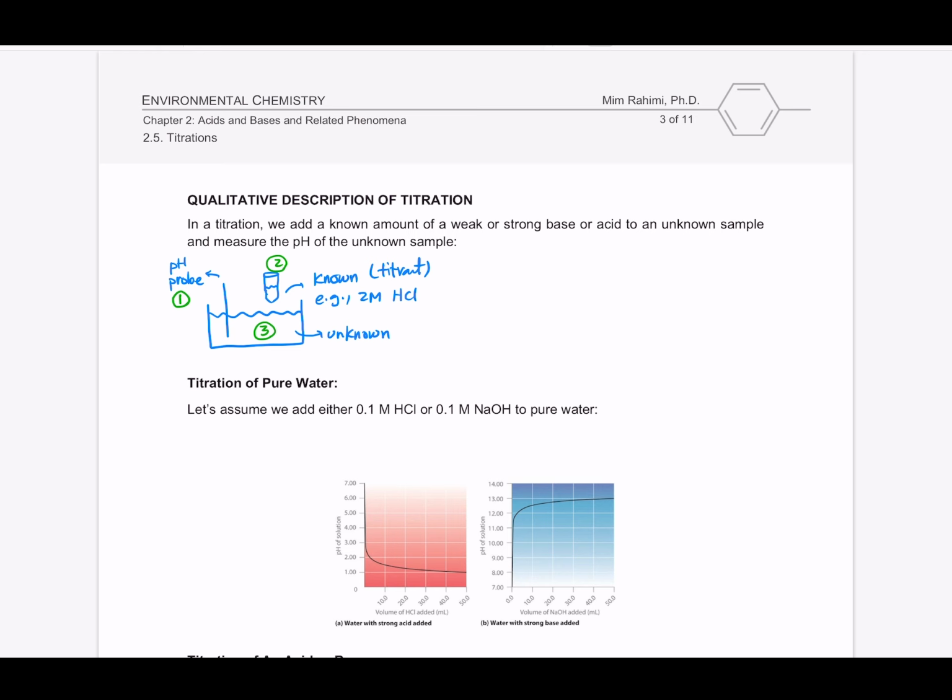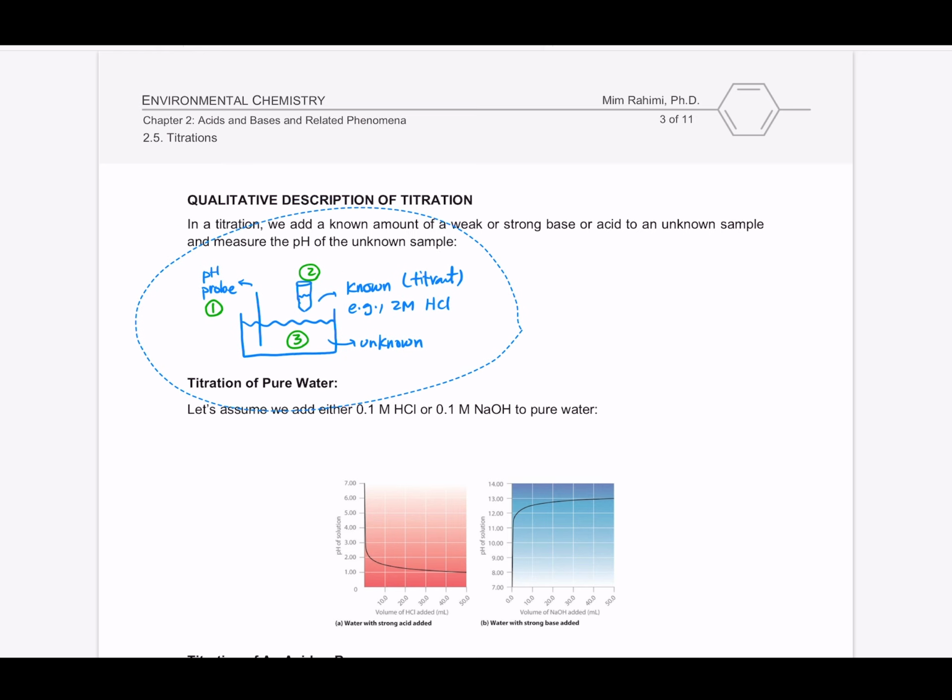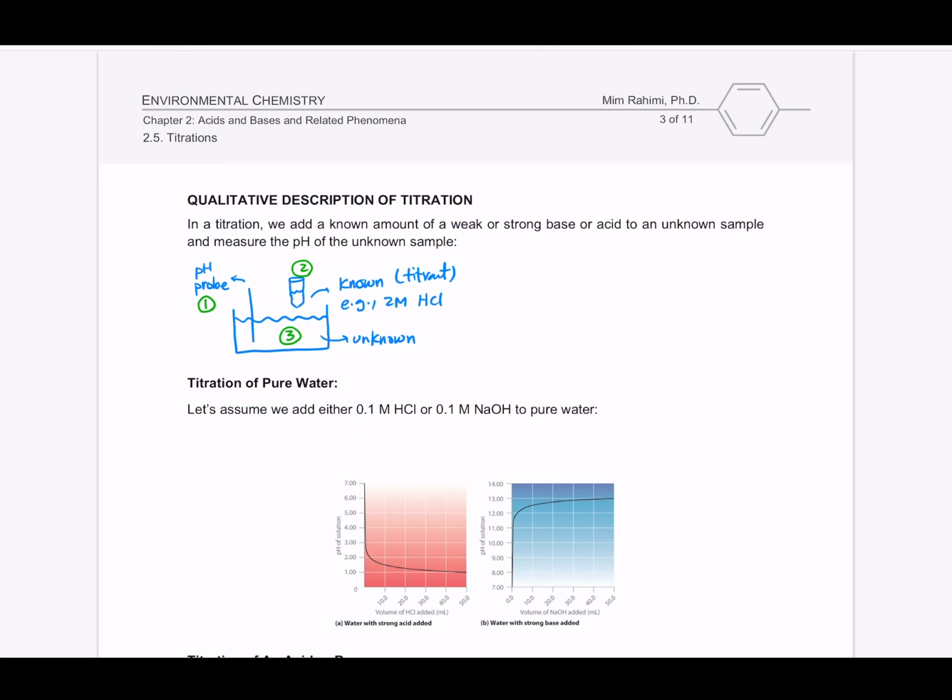then what we're interested in doing is looking at the pH, reading the pH, which is what we're getting from the probe, as a function of how much of the known was added.